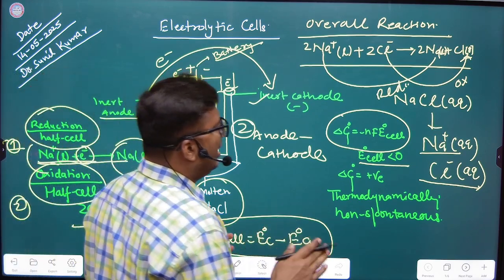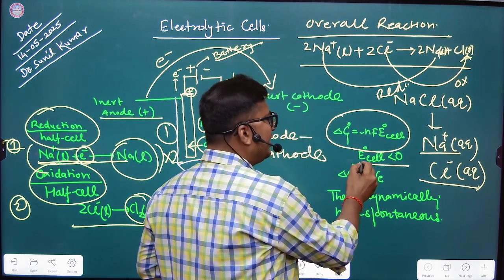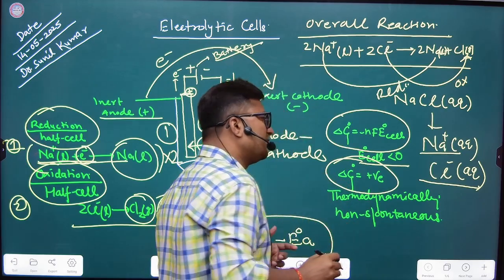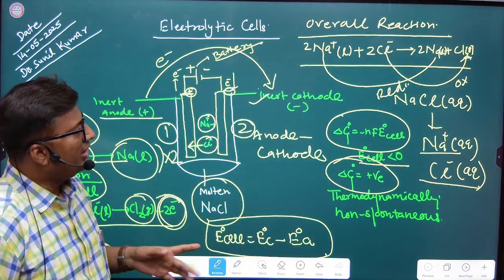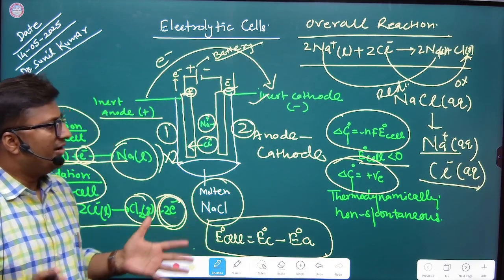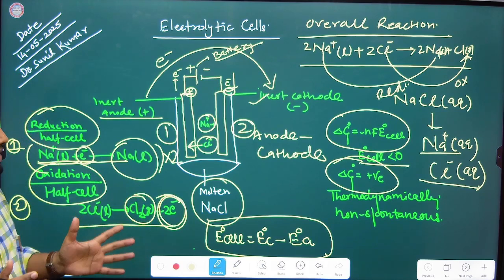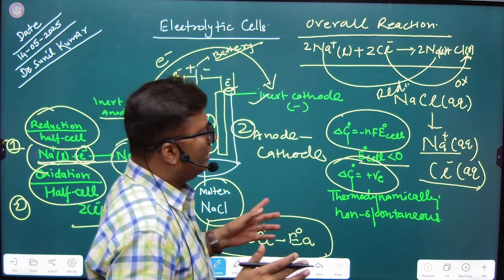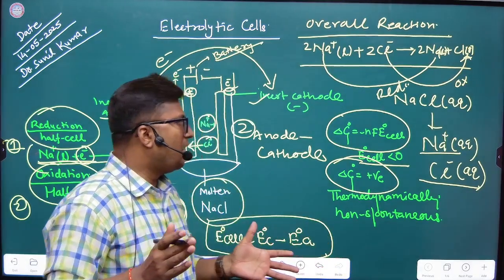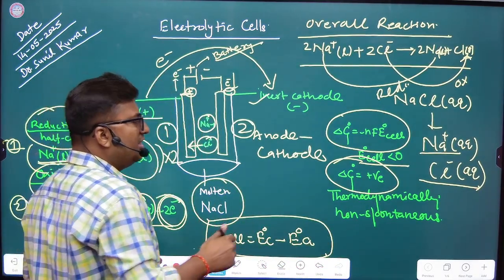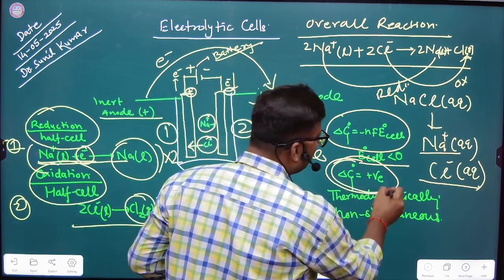So overall ΔG, negative times negative, is positive. So ΔG is positive. So it indicates that in an electrolytic electrochemical cell, the reactions are not spontaneous, and hence thermodynamically non-spontaneous reactions are taking place because the change in standard Gibbs free energy is positive, right?